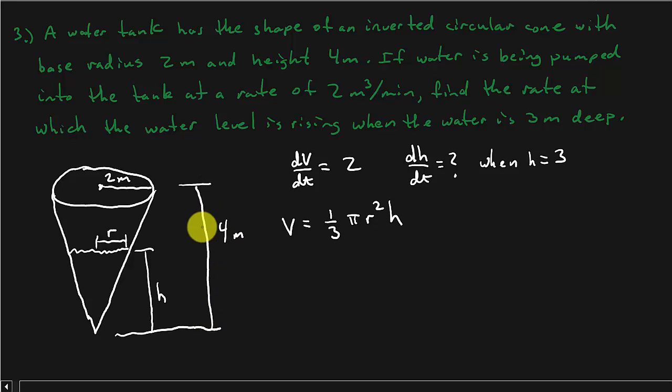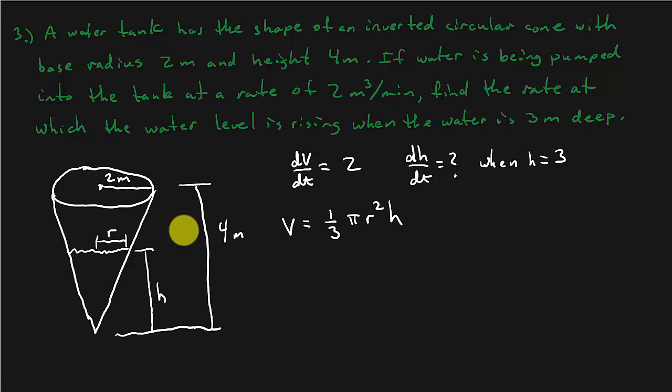The 4 meters is the height of the tank. We're just dealing with the water right here. So if you look in this problem, nowhere do they say the radius of the water at any particular height. They don't give us that.